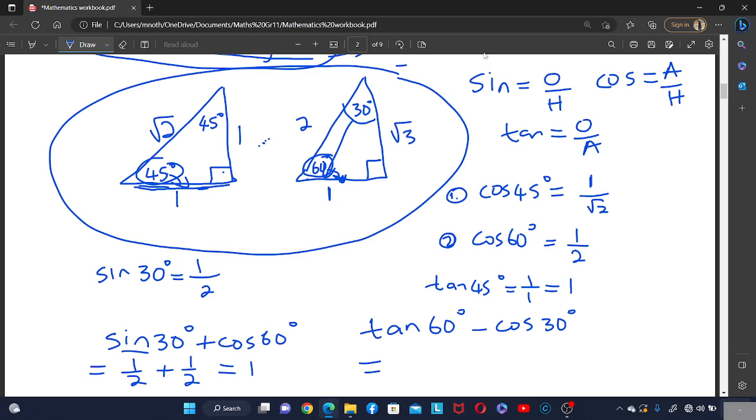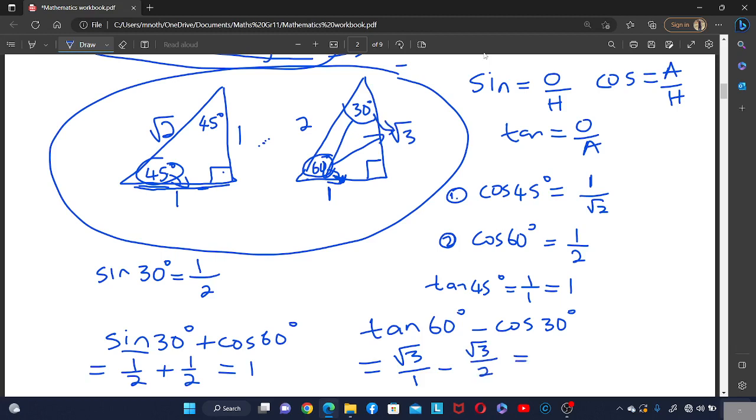So tan 60, the opposite side is root 3, and the adjacent side is 1. Minus cos 30 degrees. Cos is adjacent over hypotenuse, so the adjacent side is root 3, and the hypotenuse side is 2.